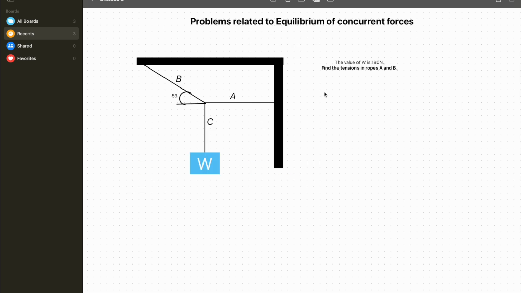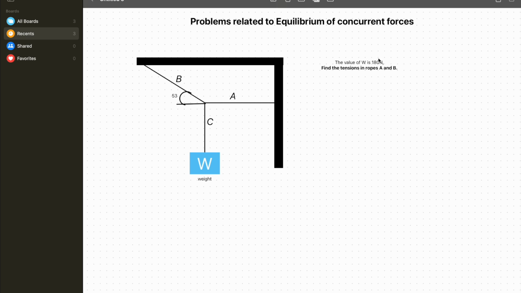So there is another problem. It said that the value of W is 180 Newton. Here W is denoted as the weight of an object.